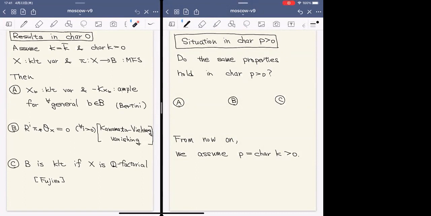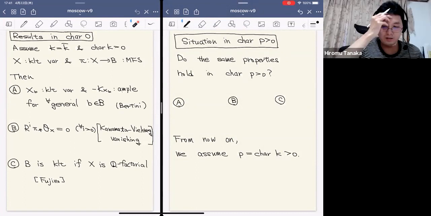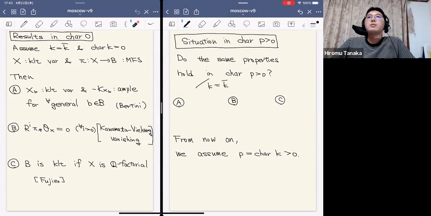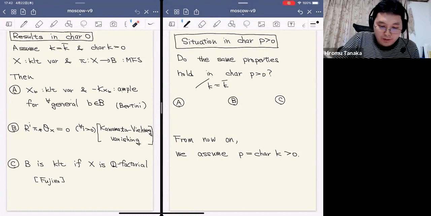Is it algebraically closed or do you allow finite fields? Let me assume that everything is algebraically closed.